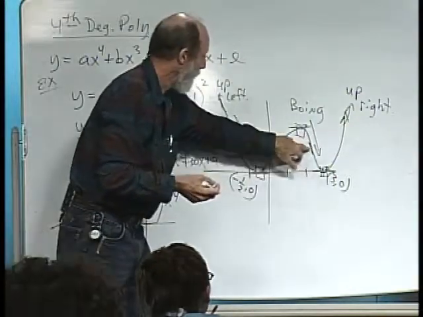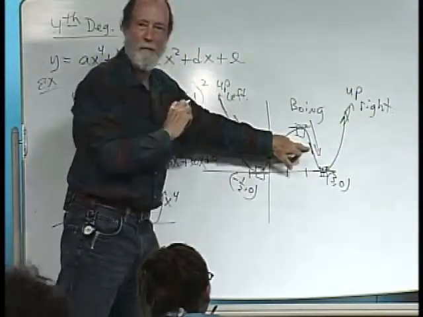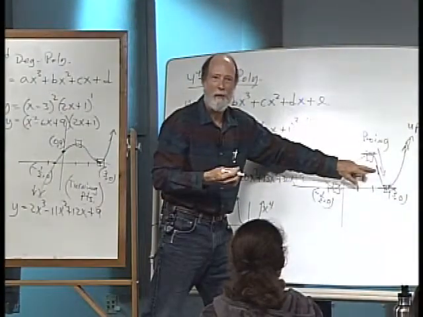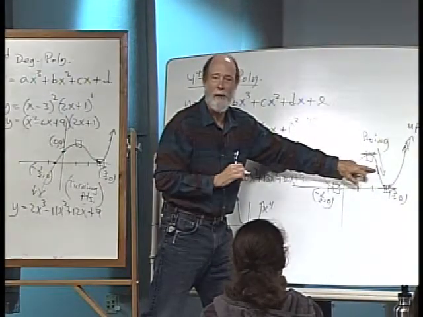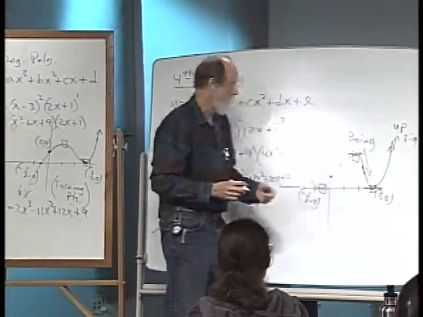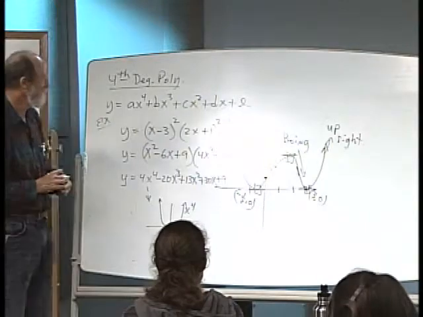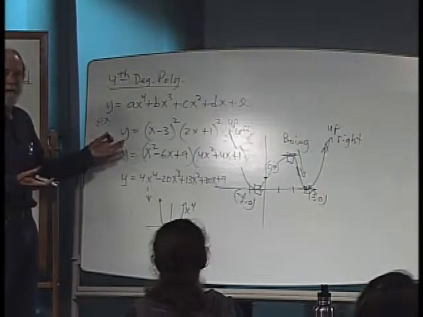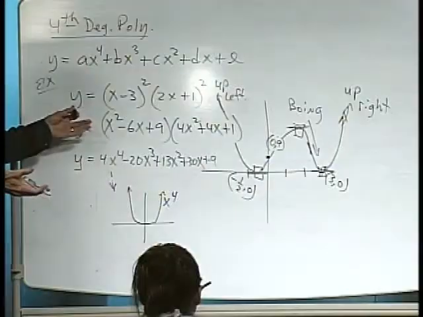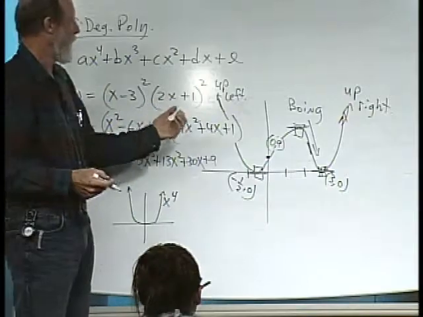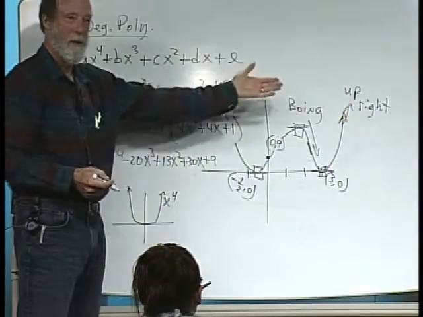And that occurs at a special spot called an inflection point. Okay? So just the introduction to the vocabulary, you'll hear that later on, not in this course, but in other courses. And you'll learn about how to find those locations. So that pretty much covers the fundamentals of polynomials and how you investigate them. And if you're asked for the end behavior, it's going to be up left, up right on this one.